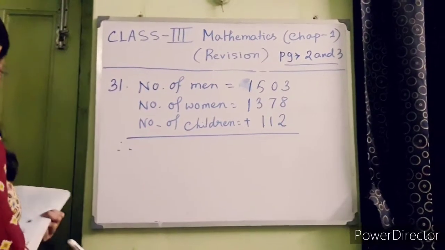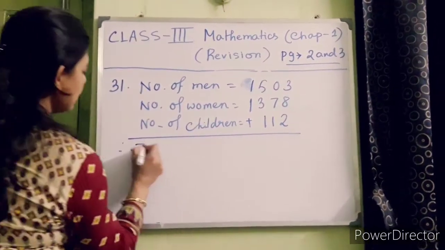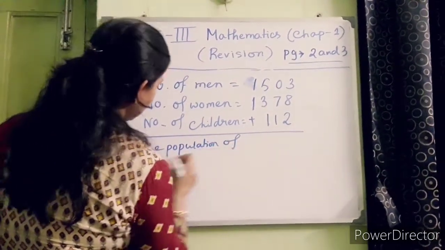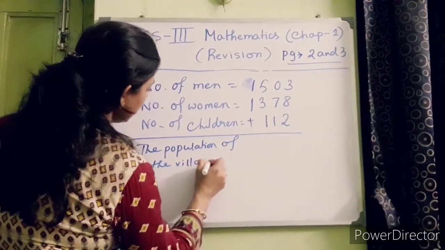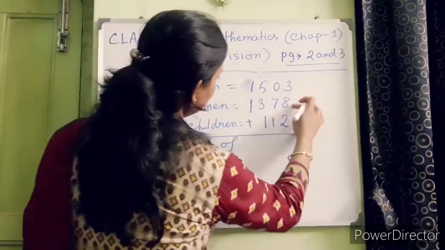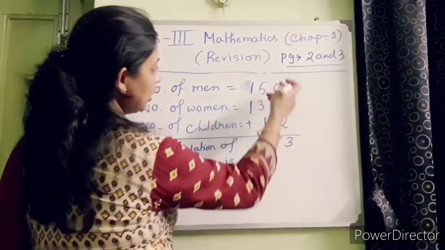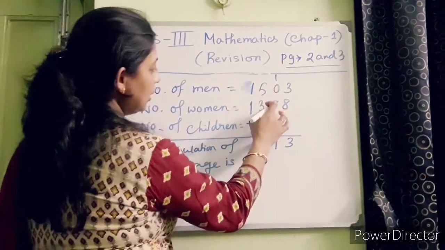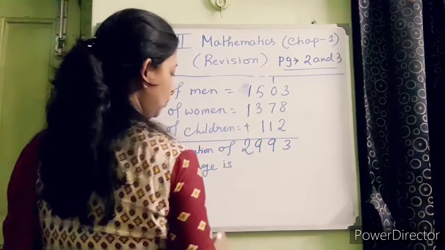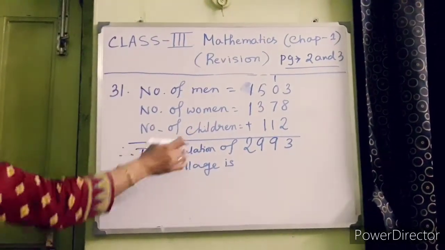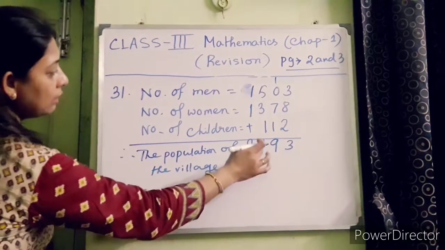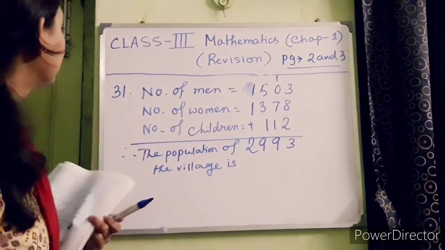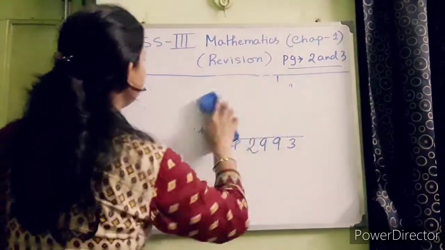Therefore, the population of the village is: 8 plus 2, 10, 1 carry over 1 here, 7 plus 1, 8, 8 plus 1, 9, 5 plus 3, 8, 8 plus 1, 9, 1, 1, 2. So therefore the population of the village is 2993. Clear? Now the next one.